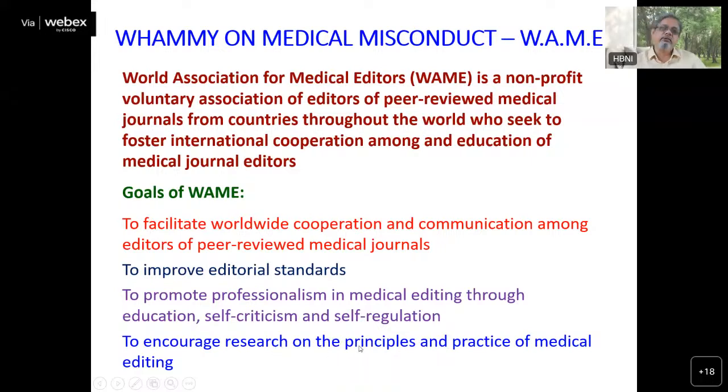And finally, they try to encourage research on principles and practice of medical editing. So that is what WAME is all about. So it's like a small subset of COPE. COPE is concerned with all kinds of journals in all research fields, but WAME is concerned mainly with medical misconduct.